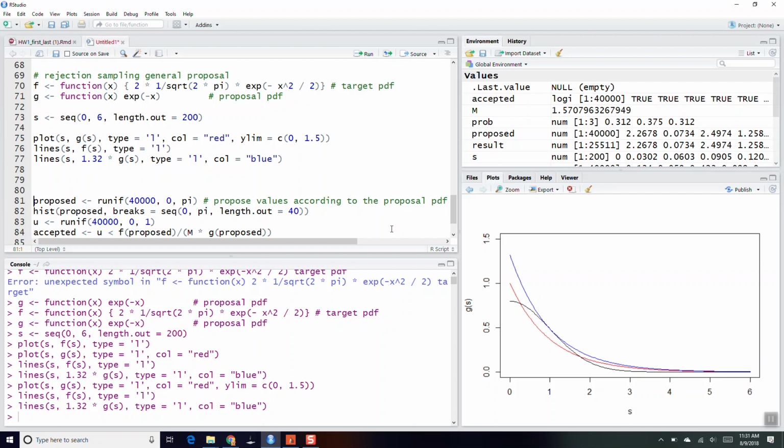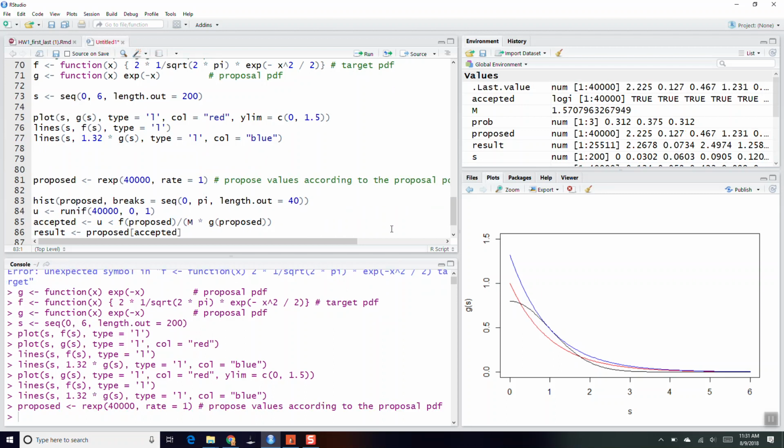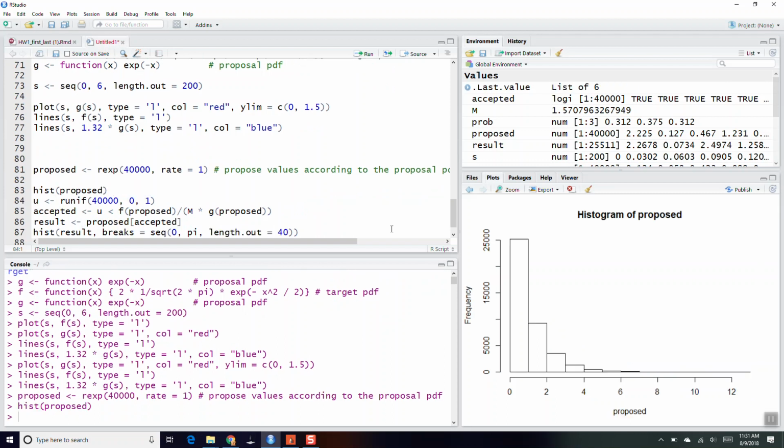All right. So now we propose values according to our proposal distribution, and let's just take a look at what that is. Let's do breaks equals 40.